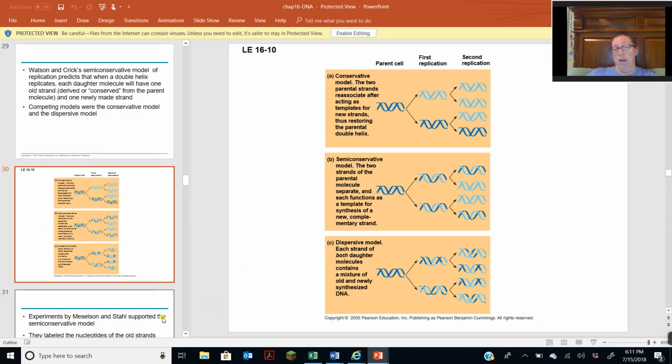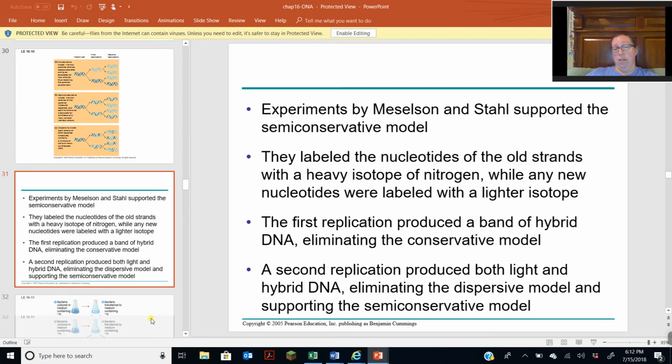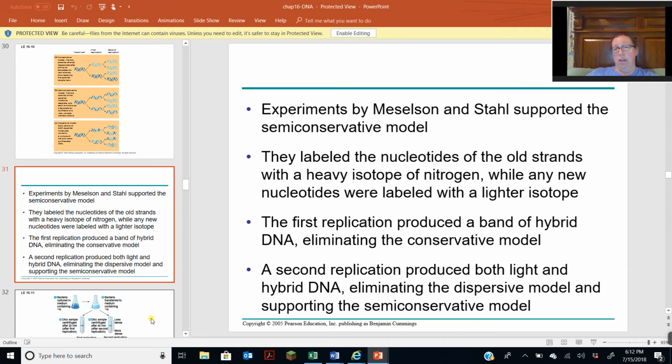Now, we know that it's semi-conservative, but how did we get there? Meselson and Stahl made the hypothesis that it was a semi-conservative model. Fine. So how did they support it? They didn't prove it necessarily, but today there's a lot of evidence that supports it. Believe it or not, this is not a proof.